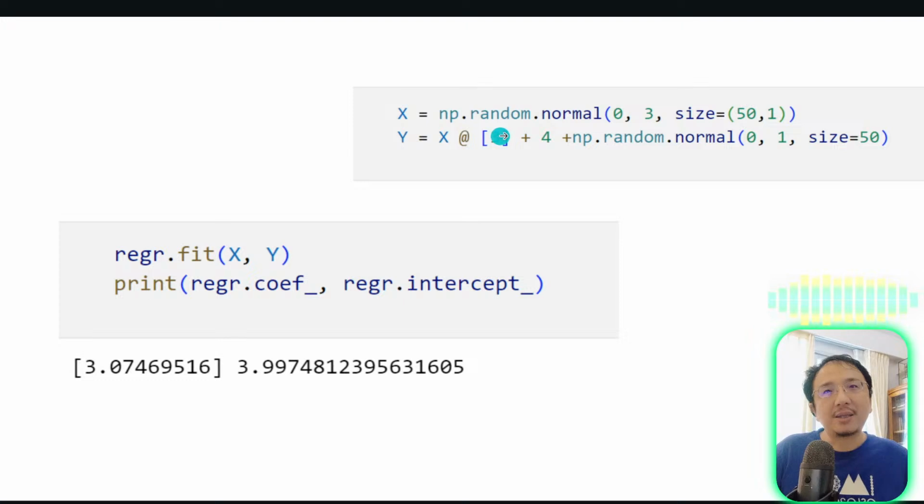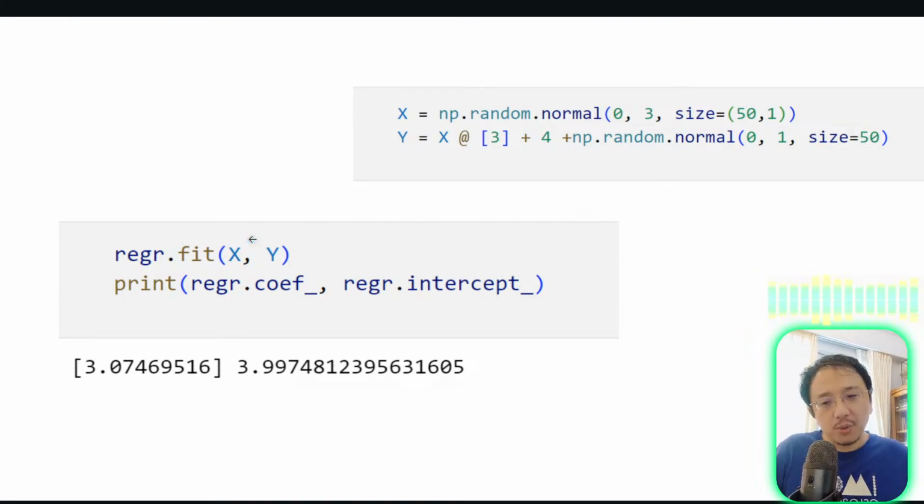So just note that our x is something around 0 and has a size of 50. And our parameters should be 3 and 4. So the correct answer should be 3 times x plus 4 equals y. But we also add some noise right here with the same size.